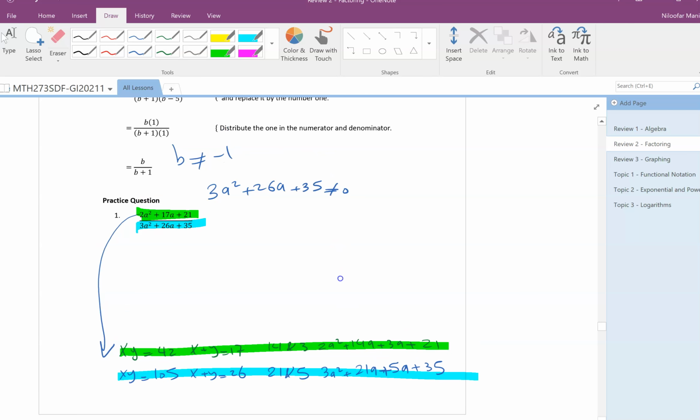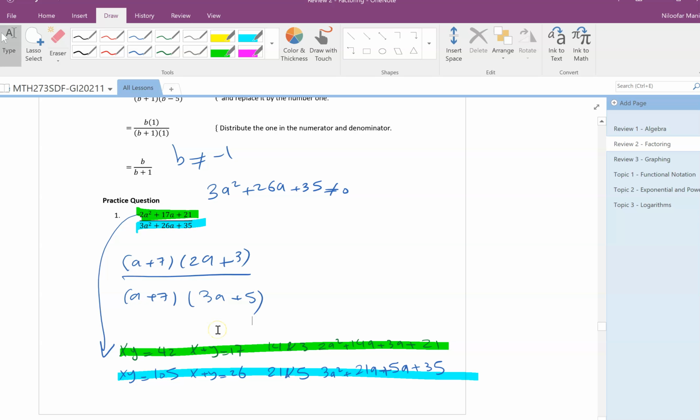See, factor top, factor bottom, and then cancel what is in common. Okay, see, I can factor here. So this is a plus 7 times 2a plus 3 for the top. A plus 7 times 3a plus 5.